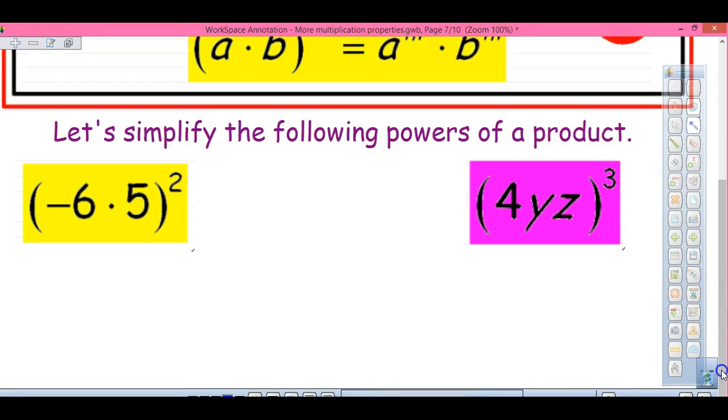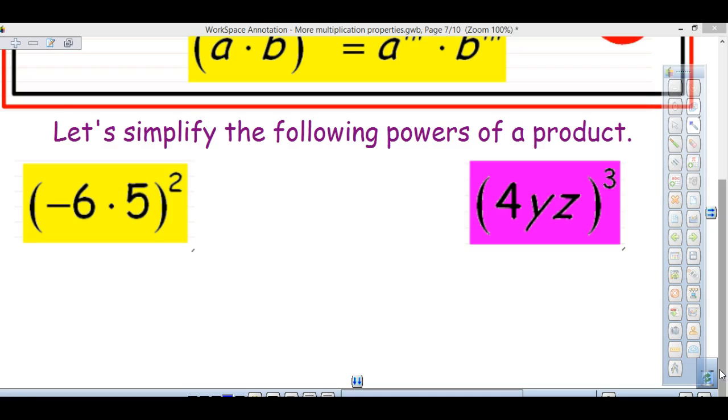All right, now, this is the part that we have to really pay attention to, because sometimes I think we're going to miss some of these. When I have more than one thing inside my parentheses, and then I have an exponent on the outside of it, what do I have to do? I have to hook that exponent onto everything in there.